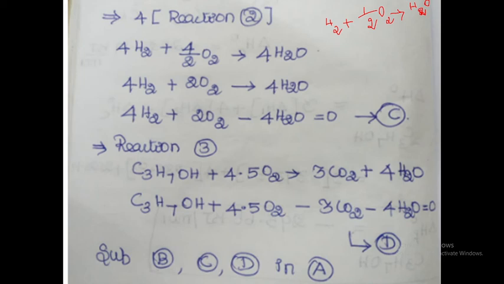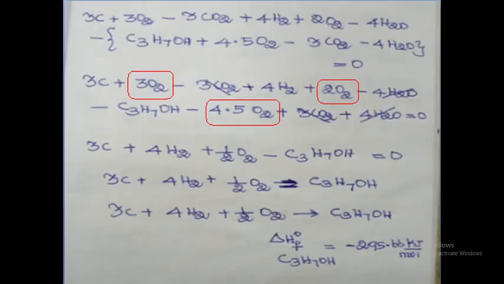So this is equation number D. So substitute equations B, C, D in capital A. Finally we get 3C plus 3O2 minus 3CO2 plus 4H2 plus 2O2 minus 4H2O minus C3H7OH minus 4.5 O2 plus 3CO2 plus 4H2O equal to 0.